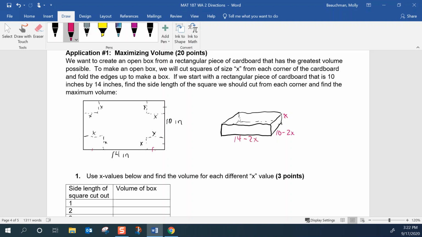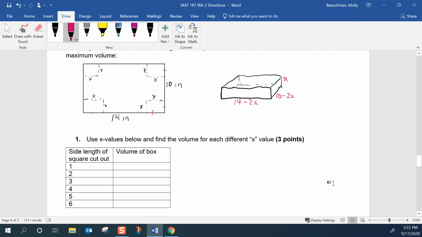So the first thing I'd like you to do is use X values and find the volume for each different X value. You have to remember the formula for the volume of a box is equal to length times width times height. I'll go through one of these with you and you can fill out the rest.